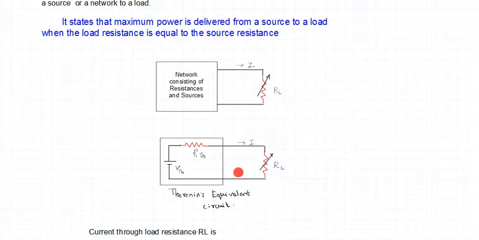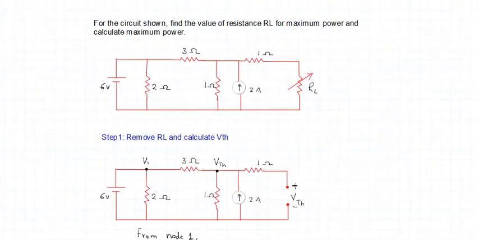Let us understand this with certain examples. The example says, find for the circuit shown, the value of the load resistance RL for maximum power transfer. So given is a network wherein there is a load which is connected, and we have been asked to find what load value should be connected so that there is a maximum power delivered from the network to the load.